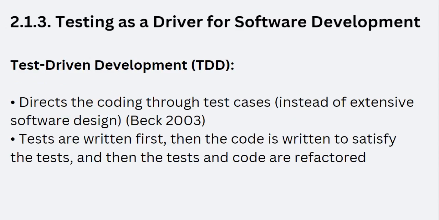Test driven development, that means TDD, guides coding through test cases rather than extensive software design. It involves writing tests first, followed by written code to fulfill those tests and then refining both test and code through refactoring.